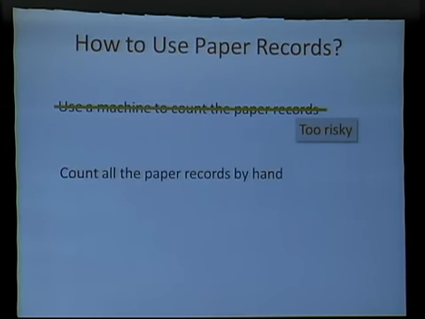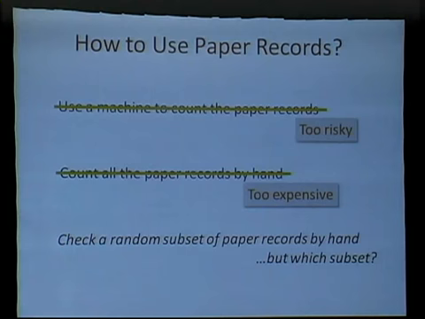The other thing you could do is have people count all of them by hand, but that has risks too, and it's also very expensive. Some studies of recounting the paper tape that comes out of DREs with paper trails have shown costs on the order of several dollars per ballot. It's amazing how expensive it is to do a full recount.